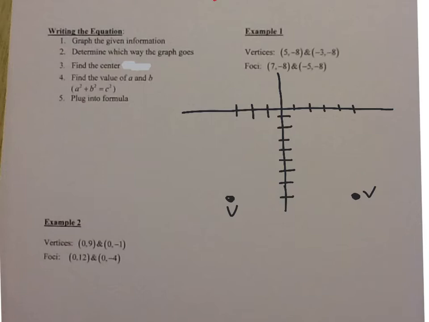So the length from vertex to vertex, this whole thing, is a total of 8. So half of that would be 4. So I need to go 4 units. So here's my center, which is going to be 1, -8. Okay, so let me write that over here.